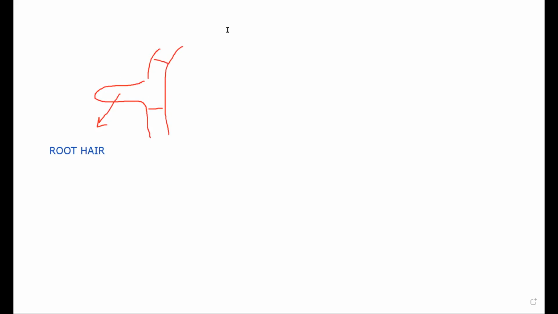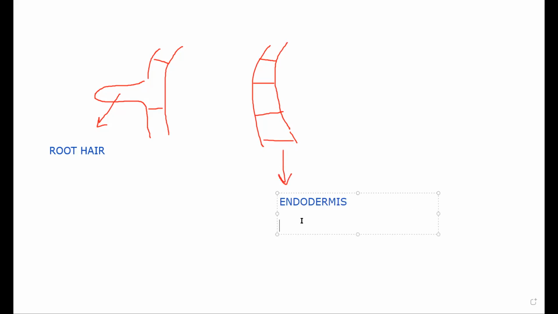Now, if I draw the cells inside, before drawing the cells, let's draw one more thing, which is called the endodermis. So these are the endodermis regions. This is the endodermis. Let me label this also. Now this endodermis has two kinds of cells.